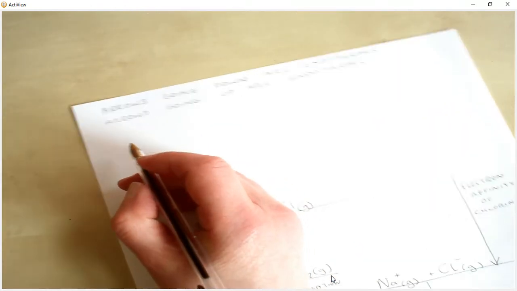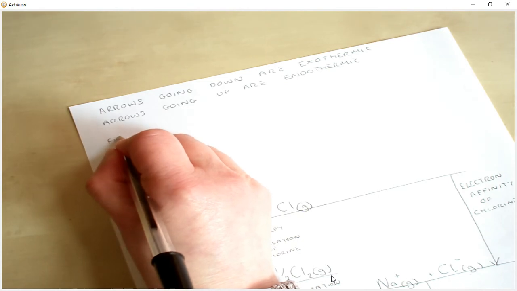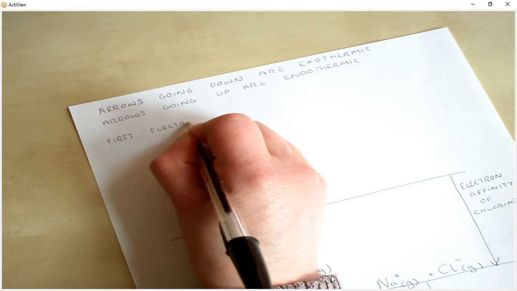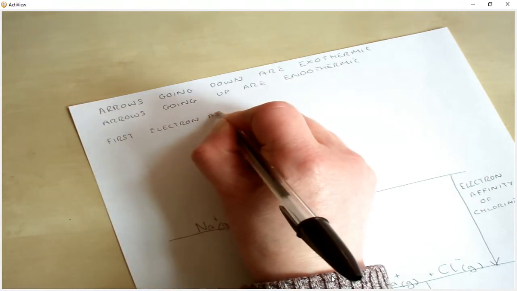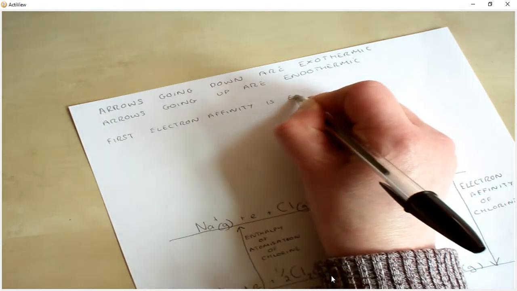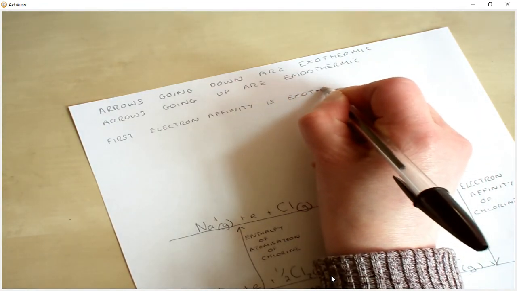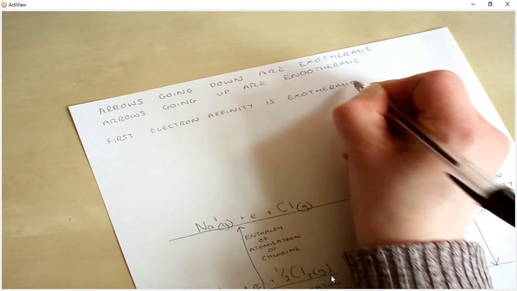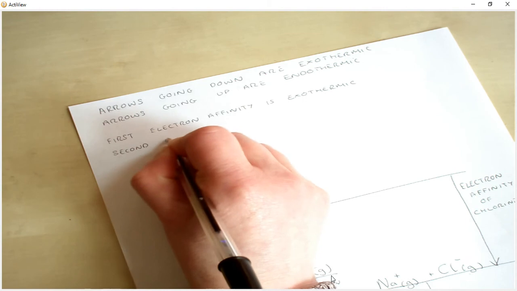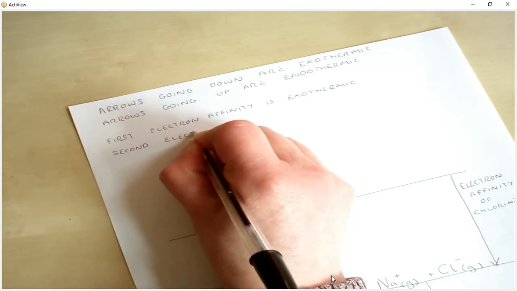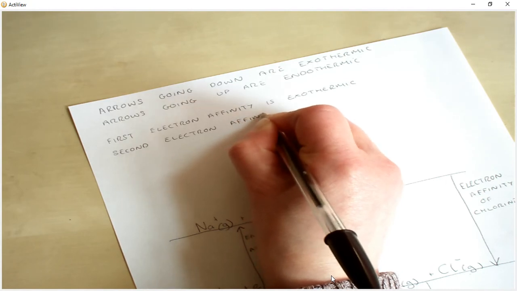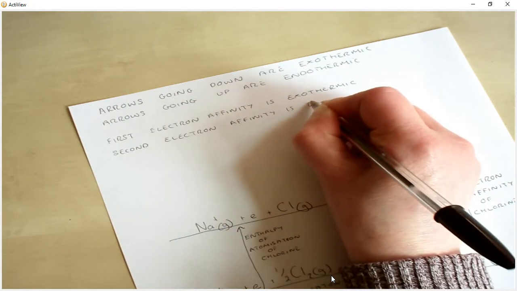So let's just make a note here that the first electron affinity is exothermic. The second electron affinity is endothermic.